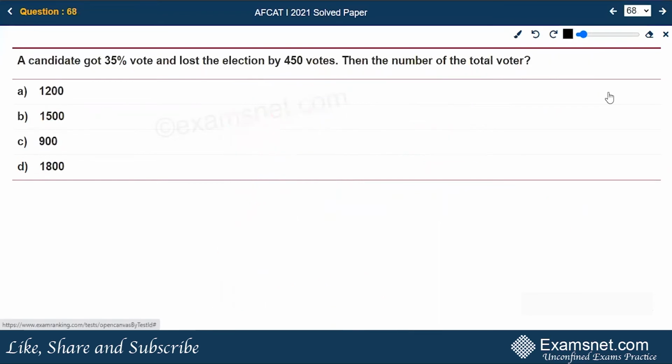Next, question number 68. A candidate got 35% votes and lost the election by 450 votes. You have to find the number of total voters. Now, see, the candidate got 35% votes, right? That means candidate got votes equal to 35%.